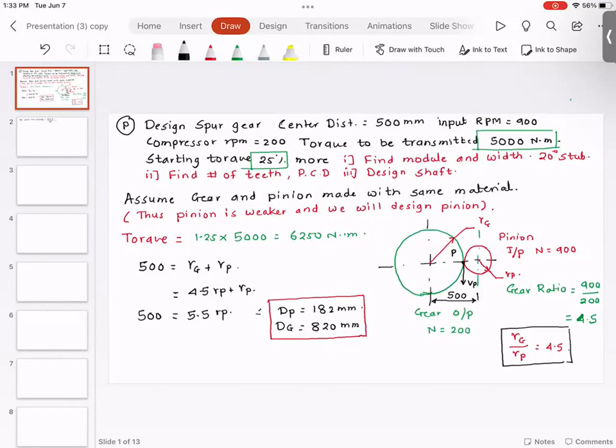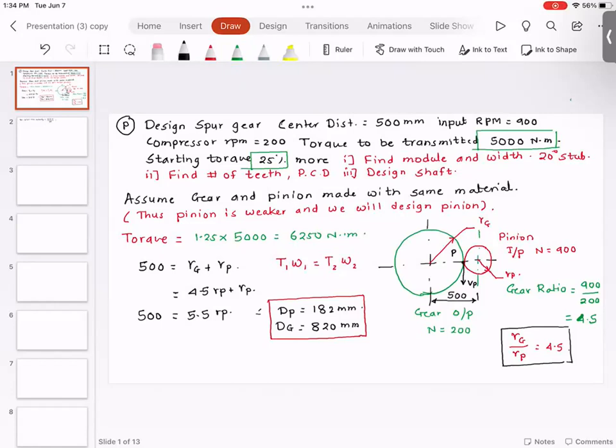So if you want to increase the output, should we consider the gear as an input? If you want to increase the speed for the output, then you would actually have the gear on the input side and the pinion on the output side. But the downfall to that is, again, energy can neither be created nor destroyed. So you have this equation, T1 omega 1 is equal to T2 omega 2.